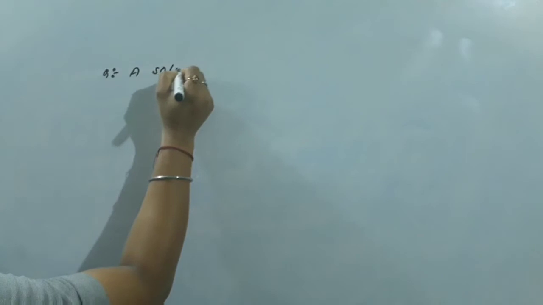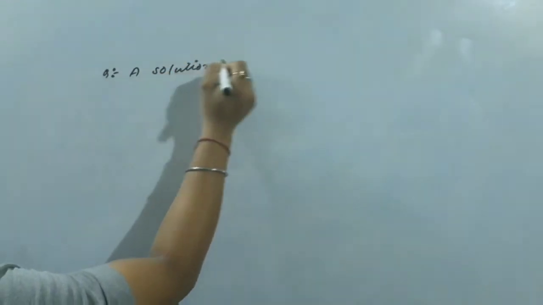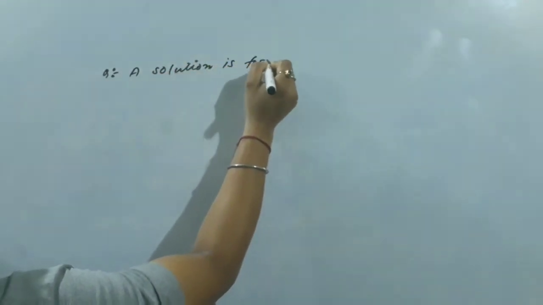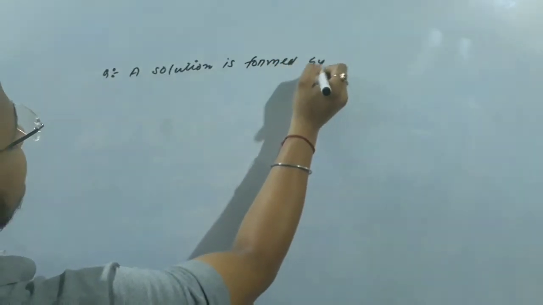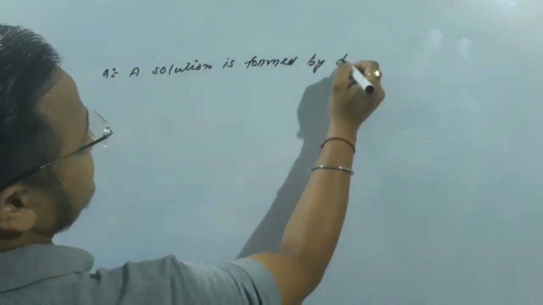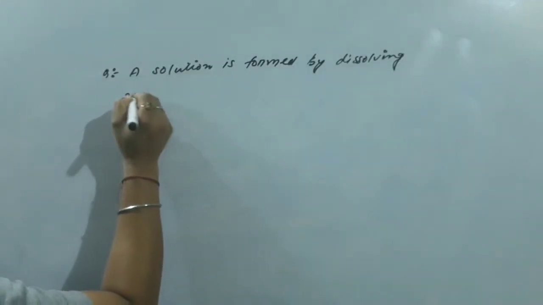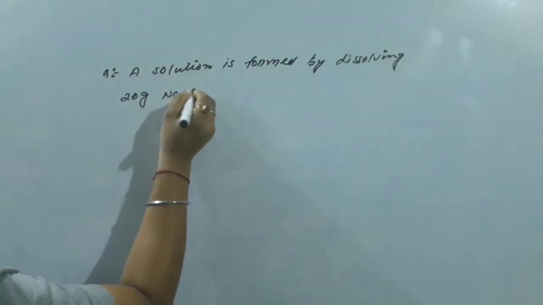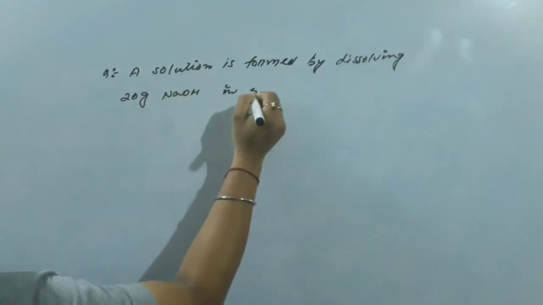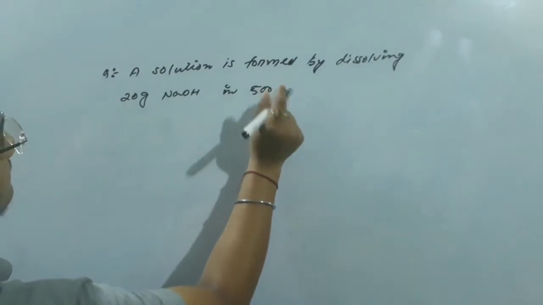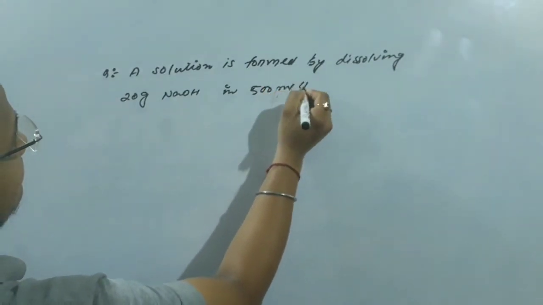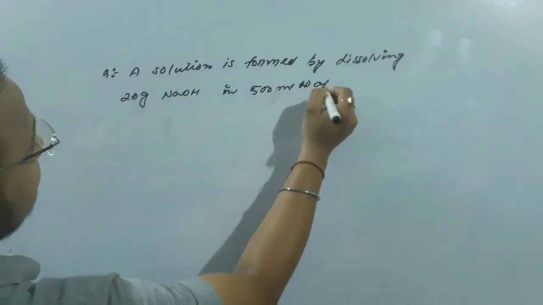Say a solution is formed by dissolving say 20 gram NaOH in say 500 ml water. Okay, 500 ml water.